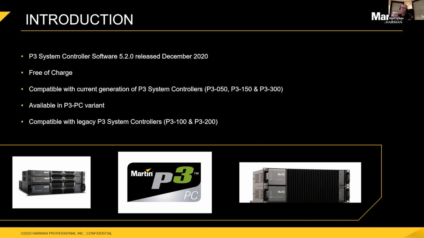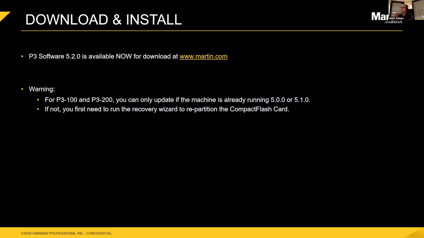But to keep supporting our existing customers, we also kept the new software compatible with the legacy P3 system controllers, the P3 100 and P3 200. So even those older machines can still run the newest software and get some of the great benefits that this new software brings. As I mentioned, it's available for download right now at martin.com.